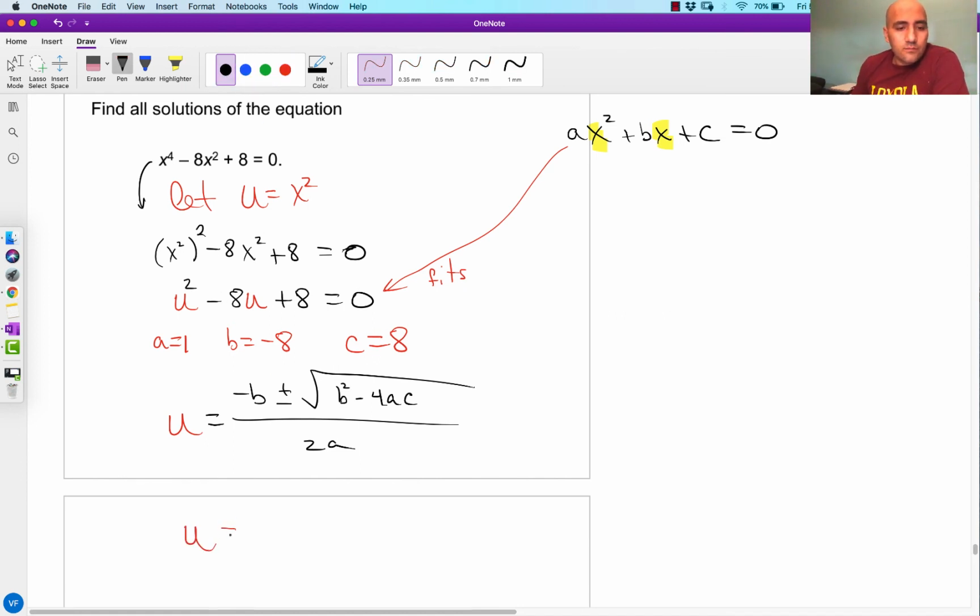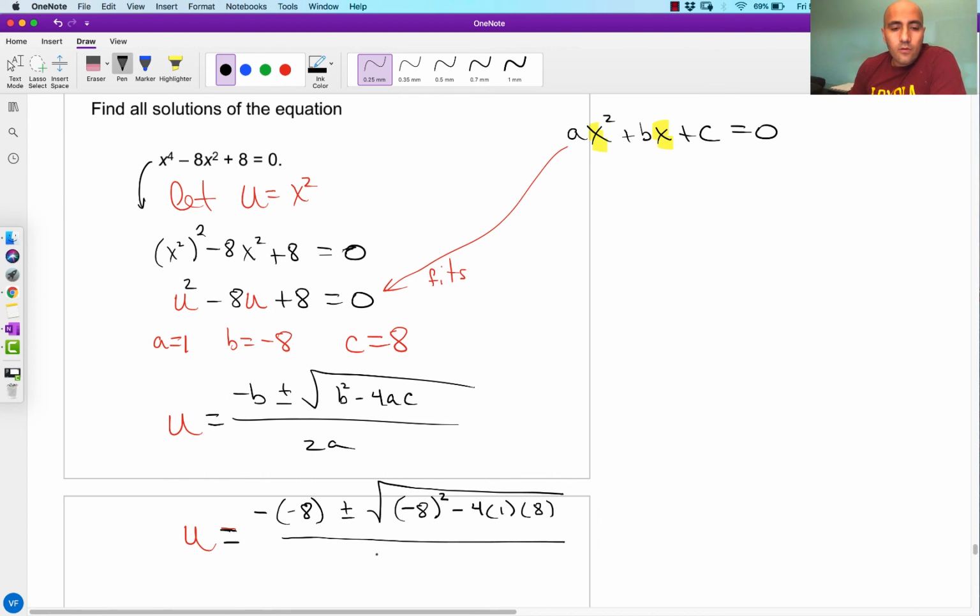So therefore my u is equal to -1 times b, where the b is a -8. So I'll have this -(-8), plus or minus the square root of (-8) squared minus 4 times 1 times 8, all over 2 times a, which is a 1.